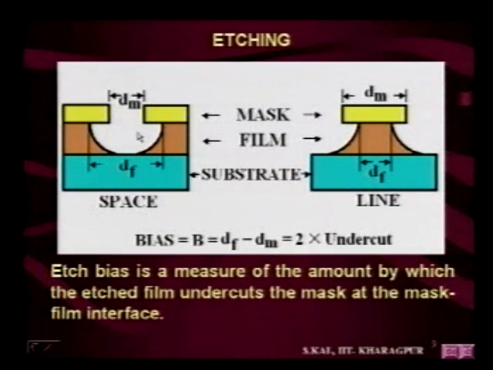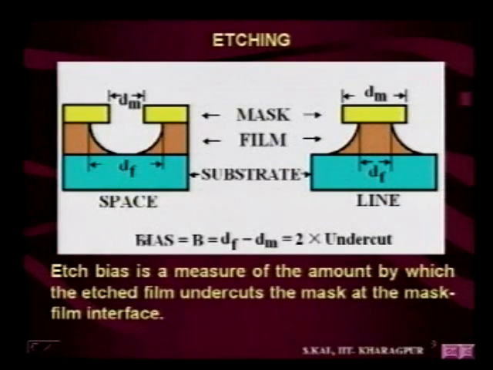Then in the lateral direction, how much will be the length of etching? The same length as the film thickness, because the same distance will be etched laterally also. This is known as the undercut. Ideally, it should be vertical to the mask level, but under the mask something has been etched. It is known as an undercut.